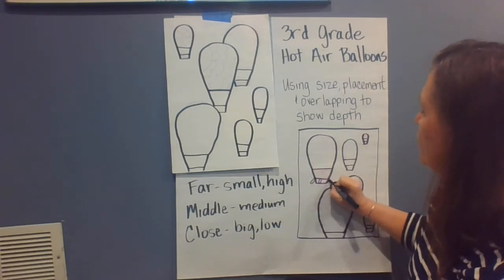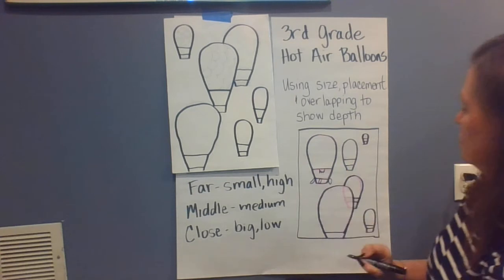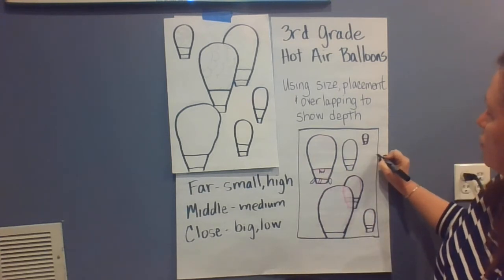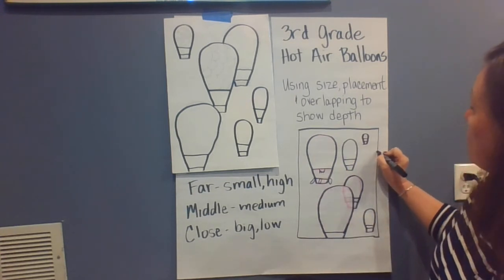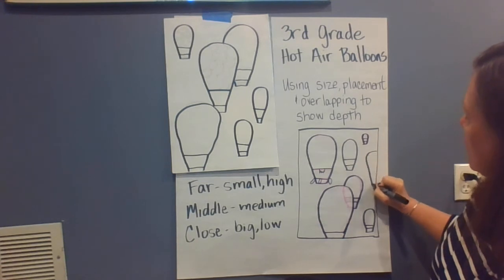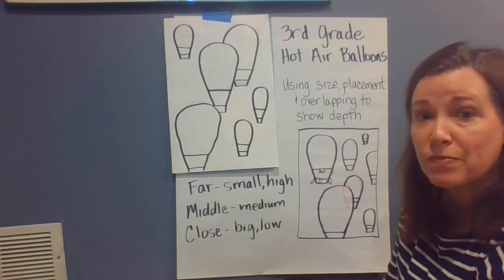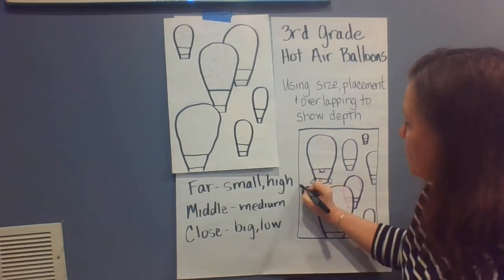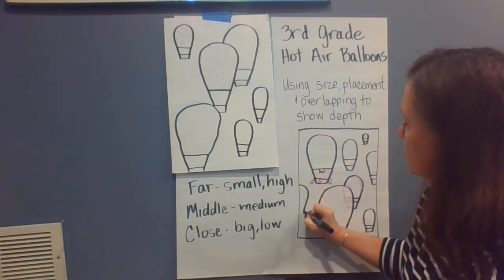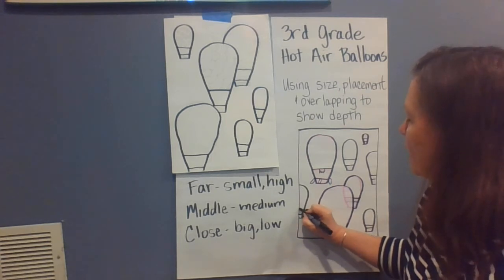Enough to sort of fill your page. It'd be sort of interesting to look at. You can also have some that come out of the page, that run off the page or creep off the page. So we're going to fill our paper with our hot air balloons.